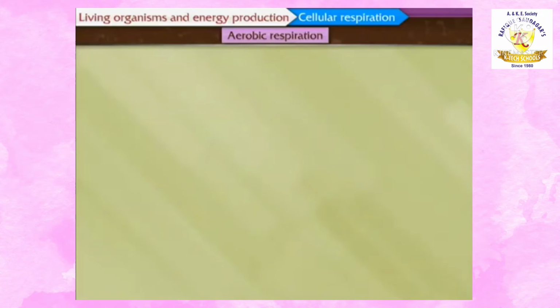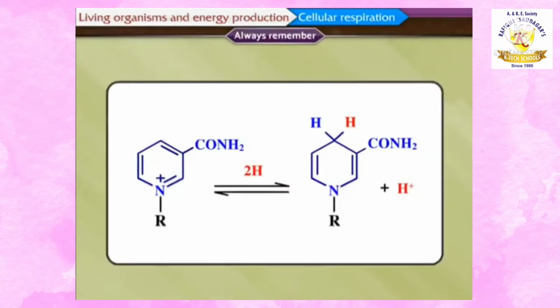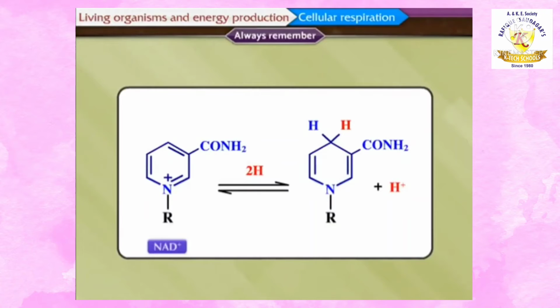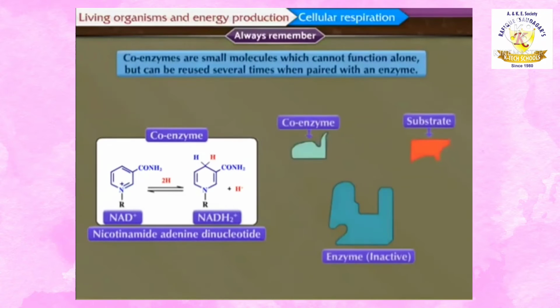Are you getting me, children? Good. Children, always remember, NAD and NADH2, that is nicotinamide adenine dinucleotide, these are coenzymes. Now what is coenzyme?